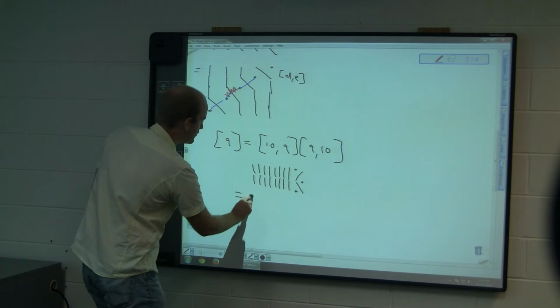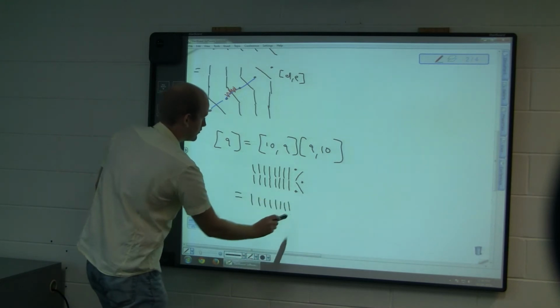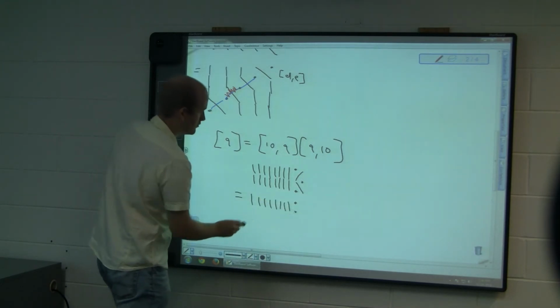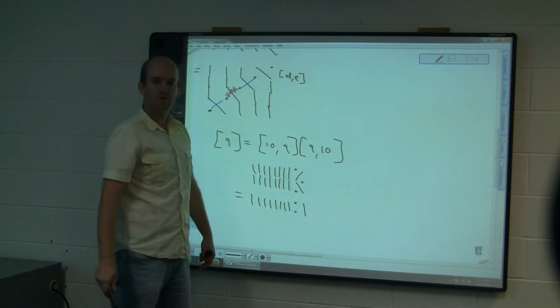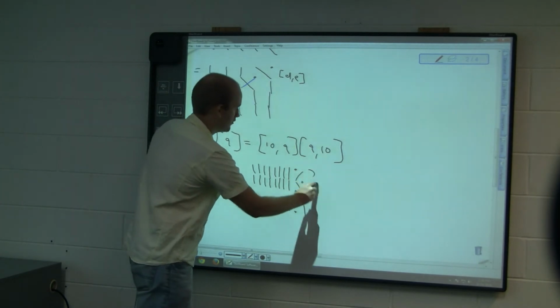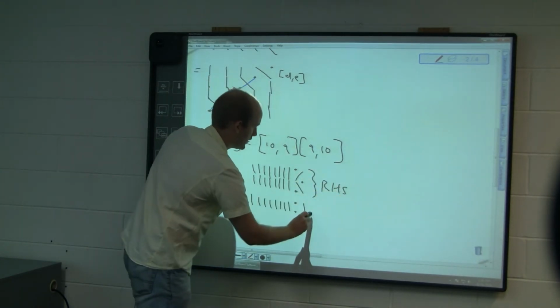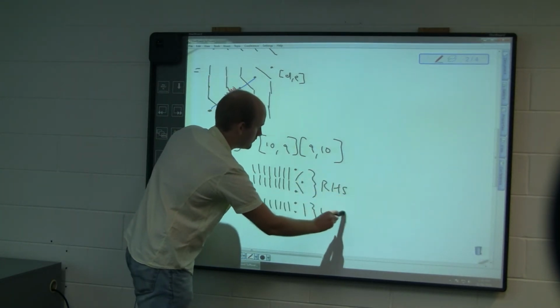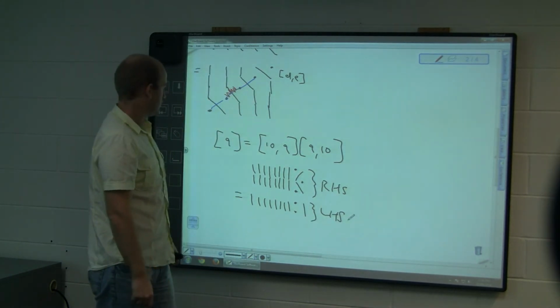And when we simplify that, we've got 9 missing and 10 just there by itself. So in fact, that's the right hand side and that's the left hand side.